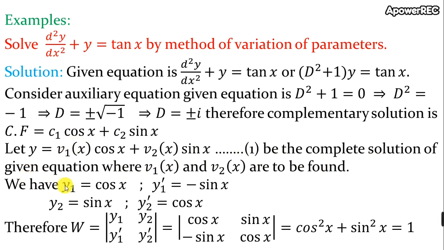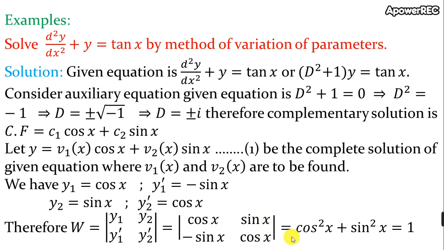We have y1 equal to cos x, its derivative y1 dash equal to minus sin x, y2 equals sin x, hence its derivative y2 dash equals cos x. Therefore, their Wronskian W is equal to the determinant of y1, y2, y1 dash, y2 dash, which is the determinant of cos x, sin x, minus sin x, cos x.